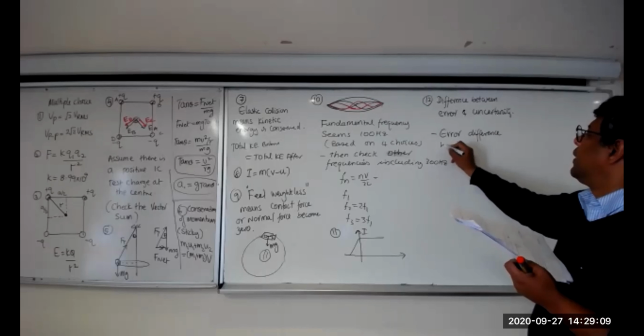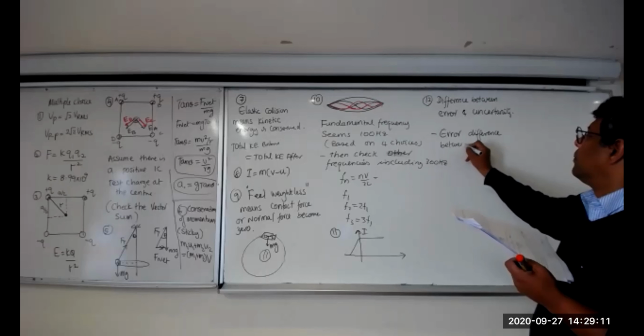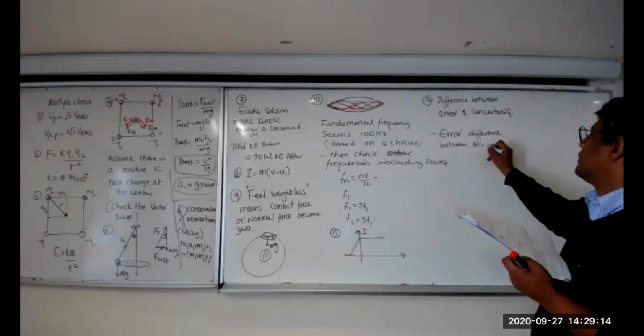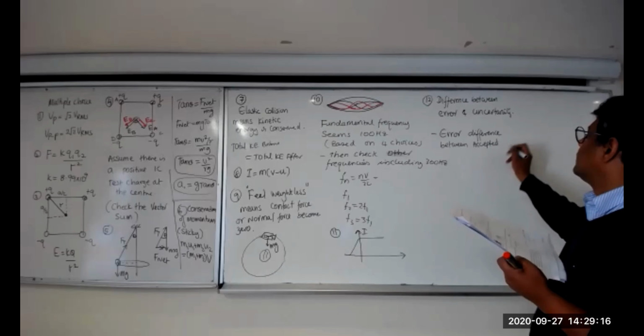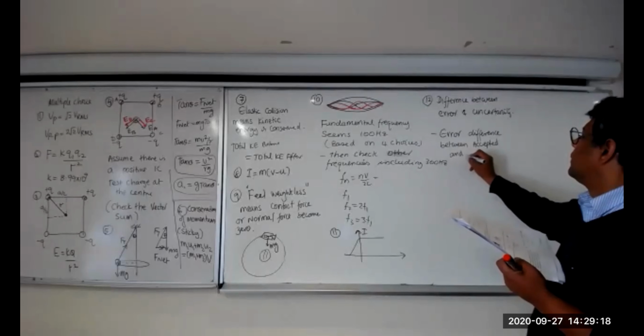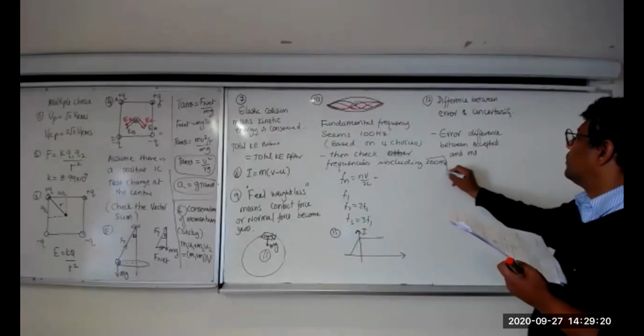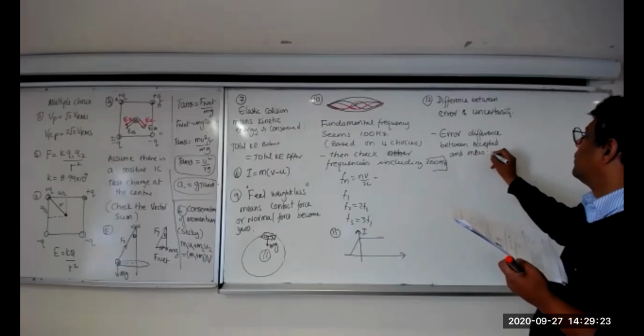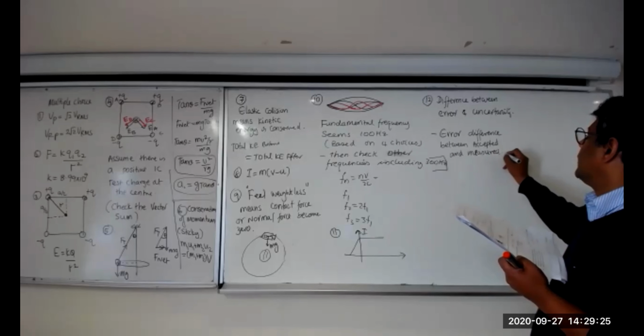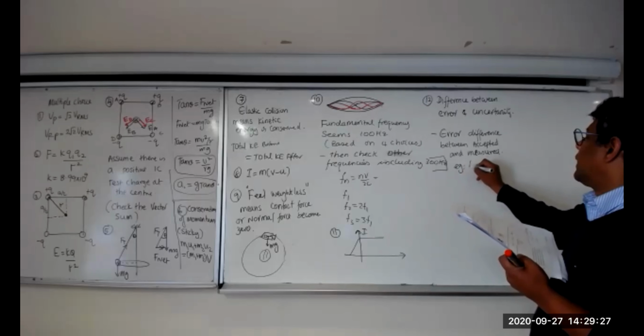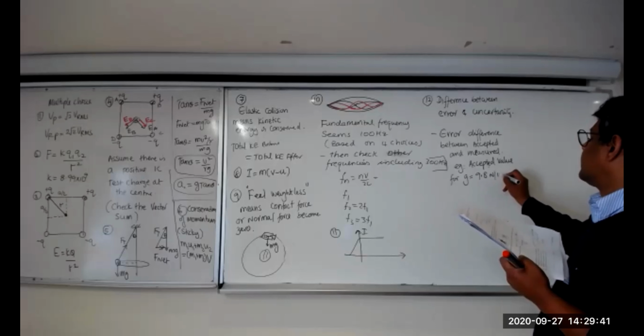Erase the difference between, say, accepted value and measured. Say, for example, the accepted value for g, gravitational acceleration, is 9.8, just for argument's sake, at a particular place.